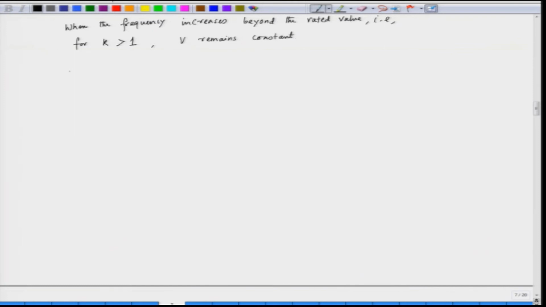So, in that case, what is the current? V will remain constant here. We will again ignore the stator resistance. So, this is (R r prime by S) whole square, but the frequency is increased, so we have (k into x s plus x r prime) whole square.